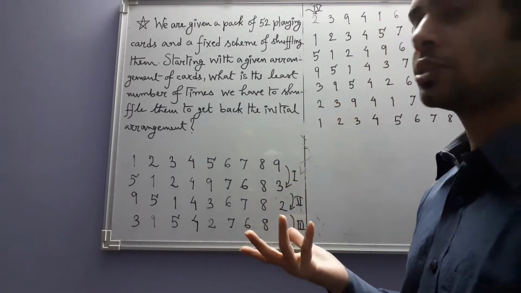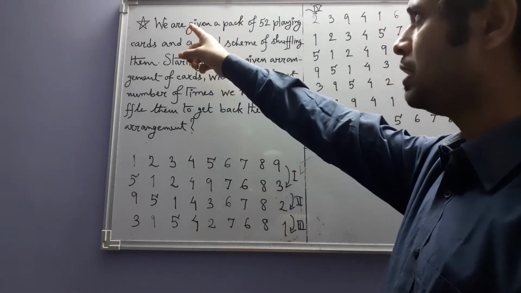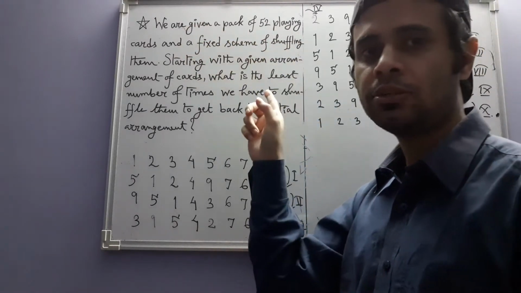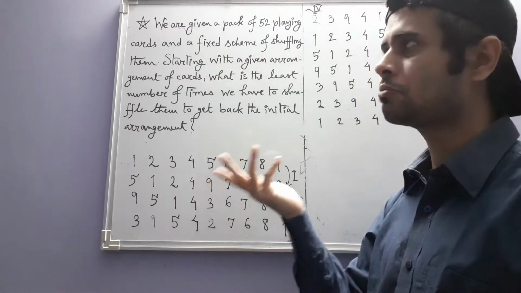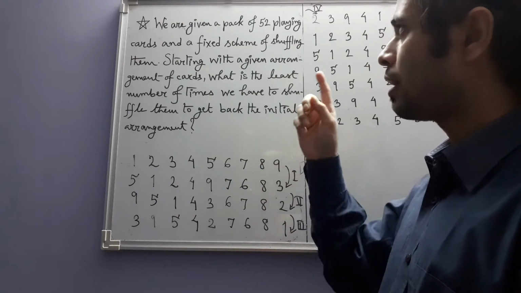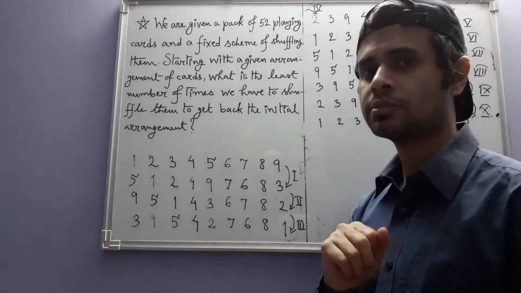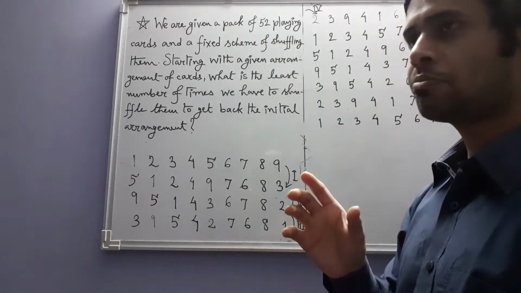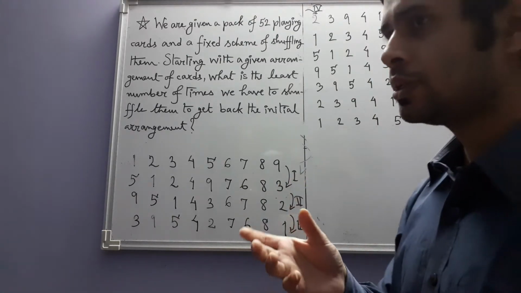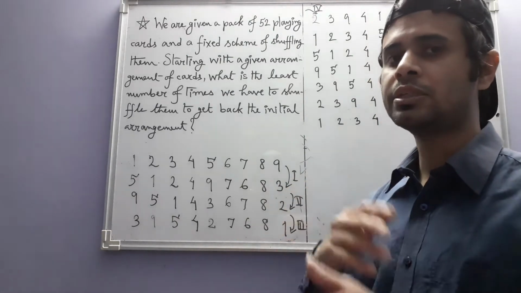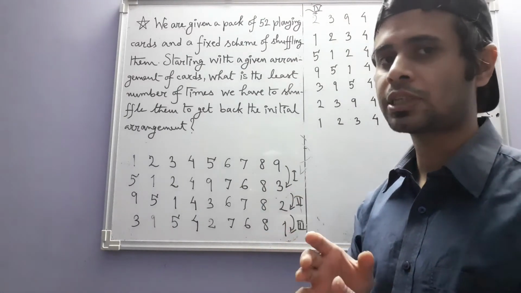We are given a pack of 52 playing cards, a standard pack of playing cards, and a fixed scheme of shuffling those cards. If you have played cards, you know that to mix them up properly, we have to shuffle them.